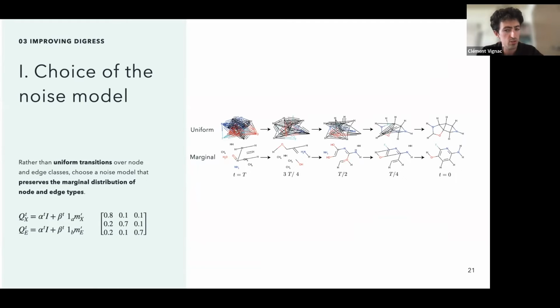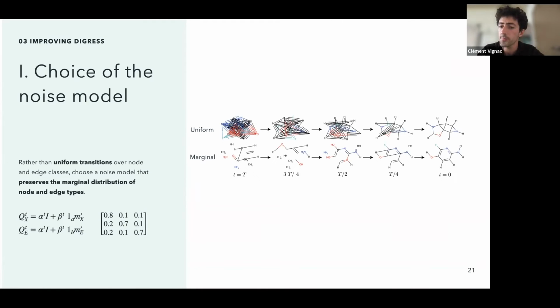The way to do it is, instead of uniform transition, which means that the probability of jumping from i to j does not depend on j, we use what we call marginal transition. So the probability of jumping from i to j is proportional to the marginal distribution of j in the training set. For example, most of the graphs have a high degree of sparsity, so when we sample, we will sample few edges as well.